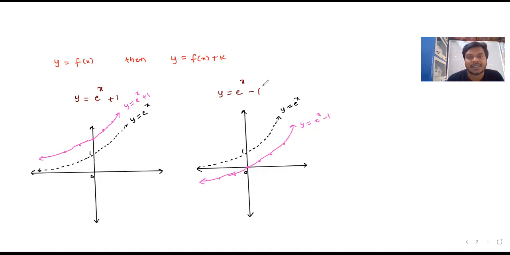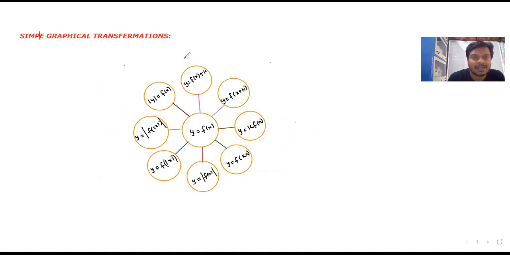That is based on the given value of k, right? So that is what I am writing here: to draw the graph of y equal to f of x plus k, we have to remember ups and downs. Up and down you have to remember. Okay.